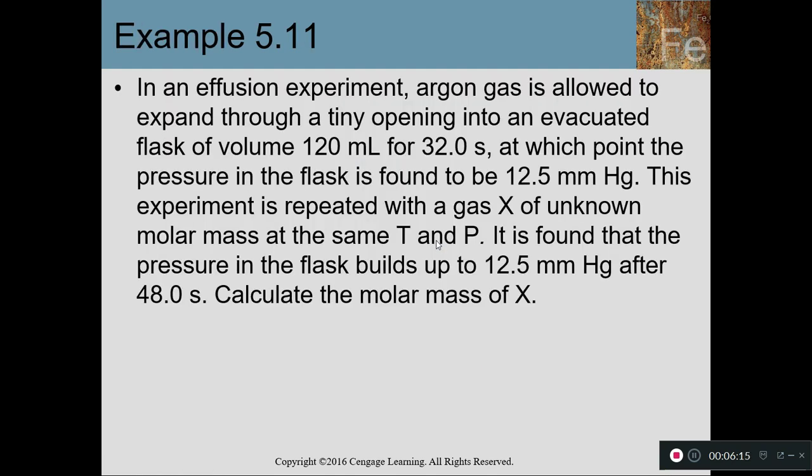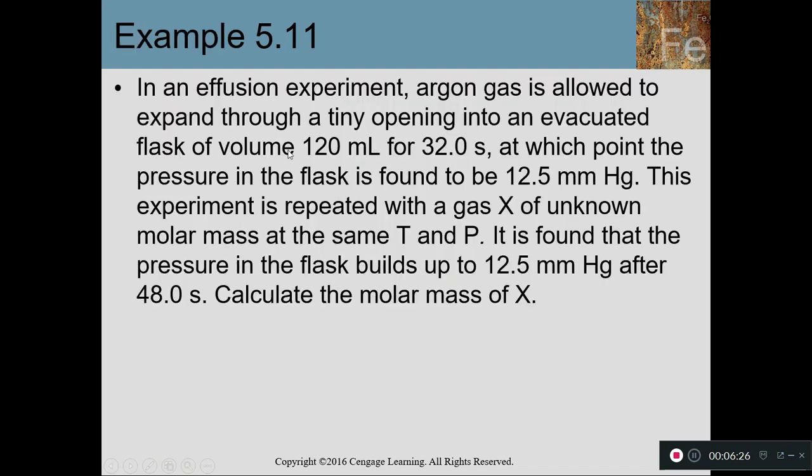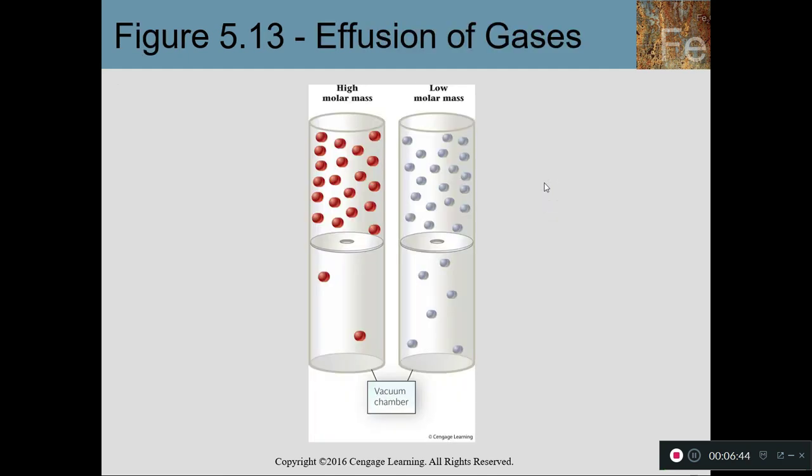So here's the experiment. In an effusion experiment, they take the same concept and put a gas into one container and open it up, and put another gas in another container and open it up. For argon gas, it takes 32 seconds for the pressure in this container at the bottom to get up to 12.5 millimeters of mercury.